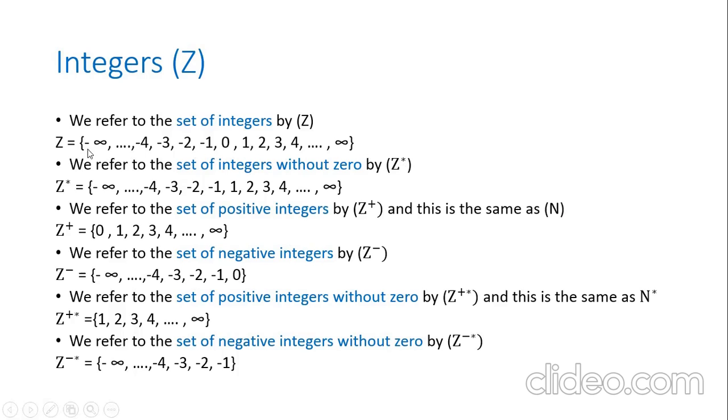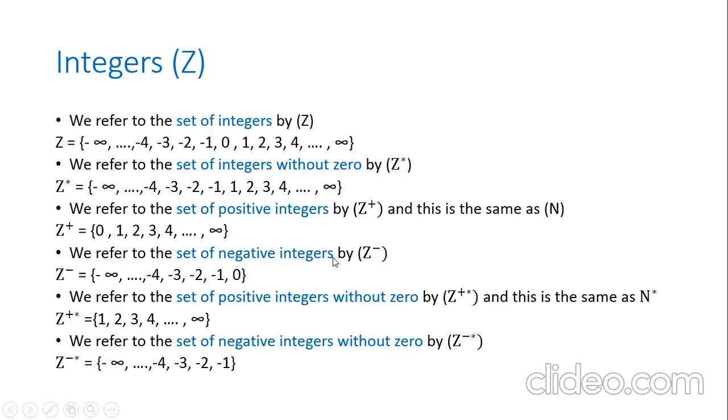This means the previous set with 0 excluded, as we can see here. It's exactly the same as before, but with no 0 included. We refer to the set of positive integers by Z with a small plus on the top right corner, and this is the same as the set of the natural numbers, which we talked about before, and it starts with 0, then 1 and 2, and it moves to infinity.